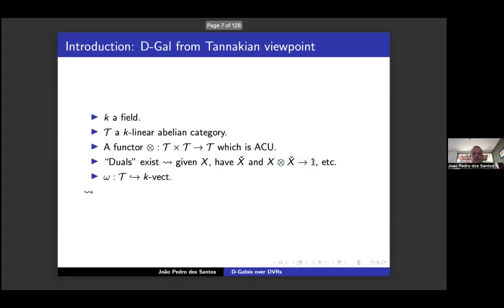At the end, I also suppose that my category can be embedded into the category of vector spaces, all compatible with the tensor product. This means that T at the end of the day is just a category of vector spaces, and all these constructions respect the constructions you usually do in vector spaces.